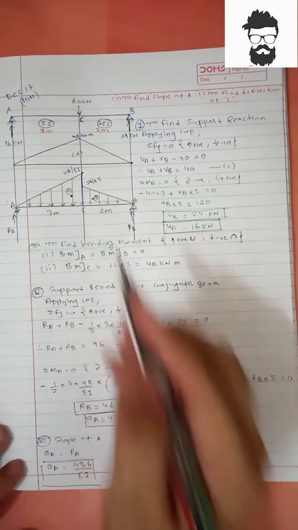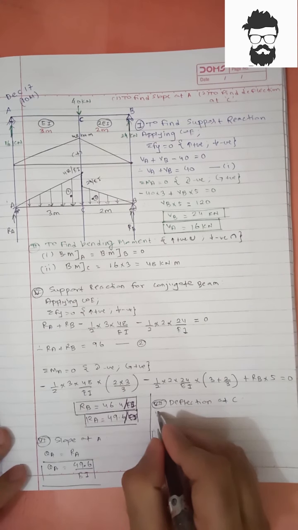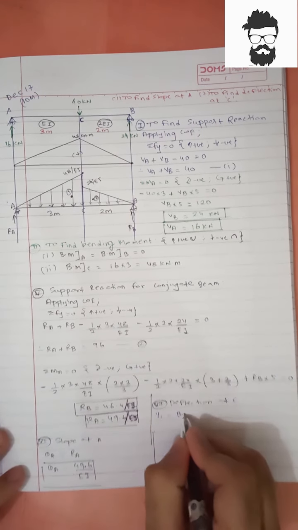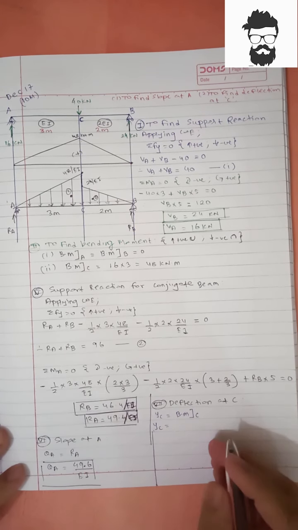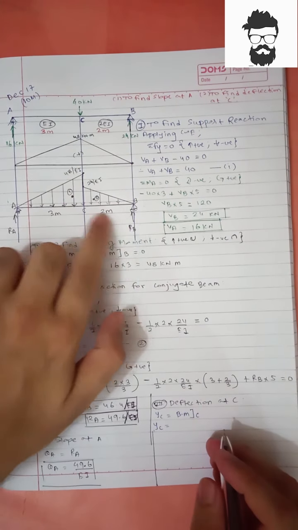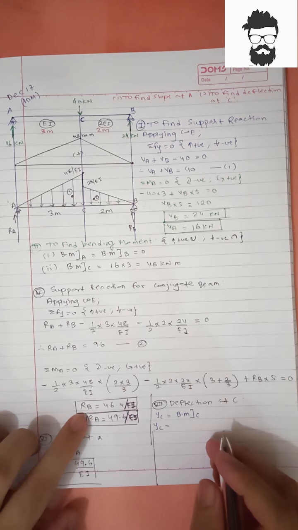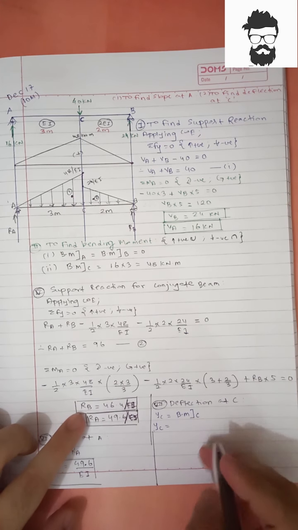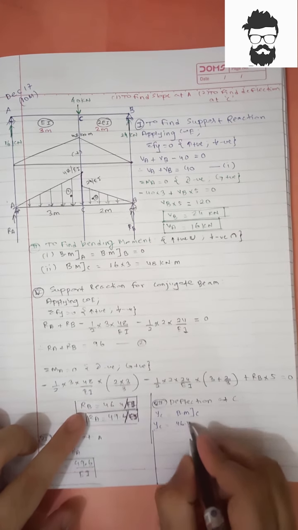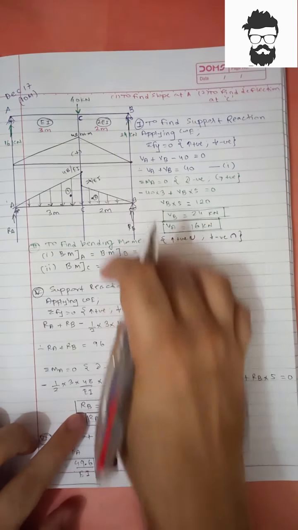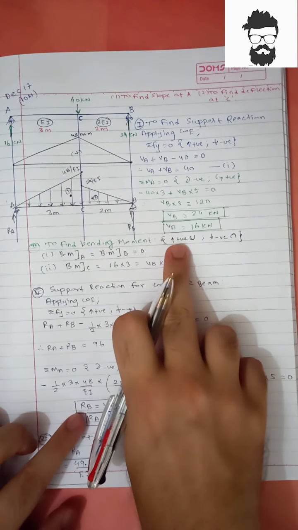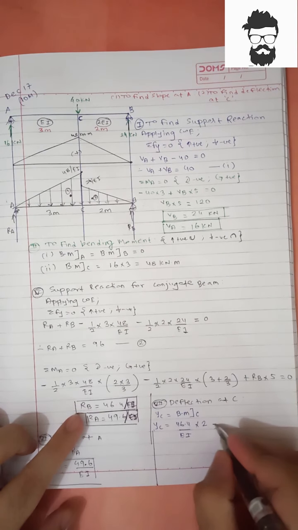So deflection at C will become bending moment at C. Then YC is equals to RB into 2 and value of RB is 46.4. So 46.4 upon EI into 2. Arrow is upward, so bending moment sign convention, upward arrow is positive, so positive.